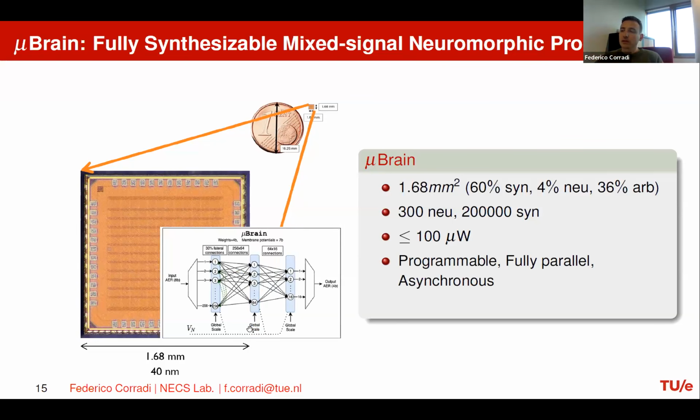In fact, the architecture that we implemented is a multi-layer architecture in which you have recurrent connections on the first layer, as depicted here. Then it is fully connected to a second layer, and then fully connected to a third layer. We have only 16 outputs from this device, and 300 neurons: 256 in the first layer with lateral connectivity, 64 in the second layer, and 16 in the output layer. Also, why recurrent in the first layer?